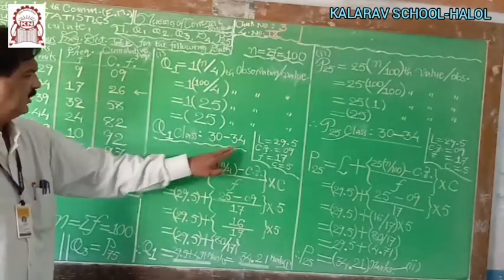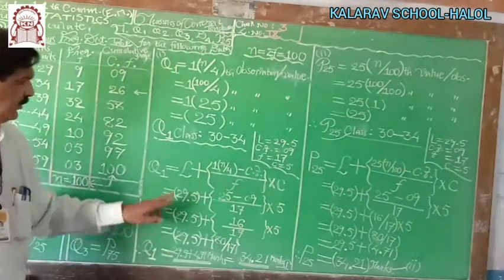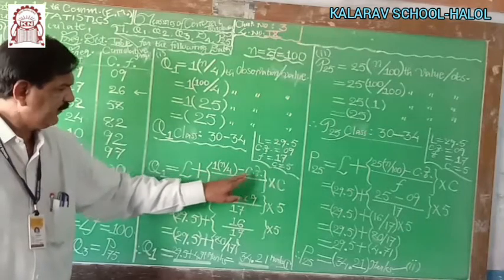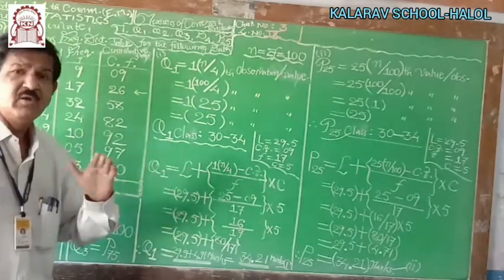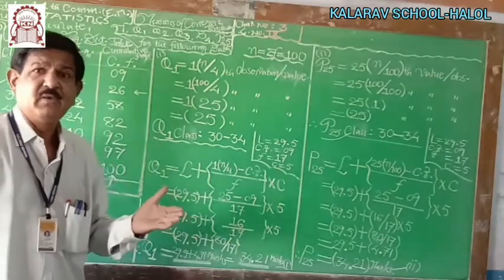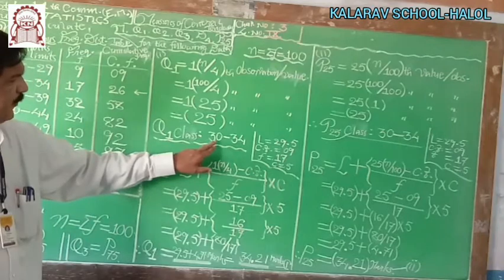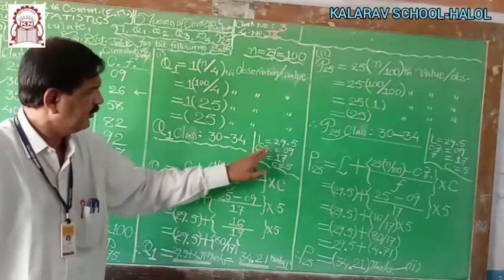Now Q1 is given by L plus (n by 4 minus CF) upon F, multiplied by C. This L is not the lower limit, but the lower limit point, therefore we have to subtract 0.5 from 30, so L means 29.5.